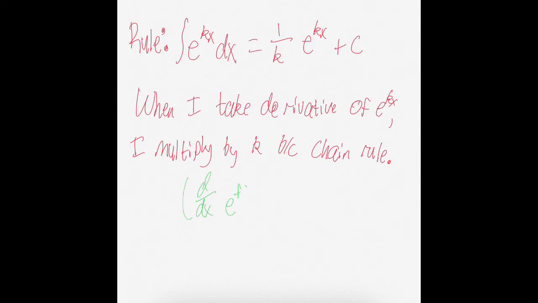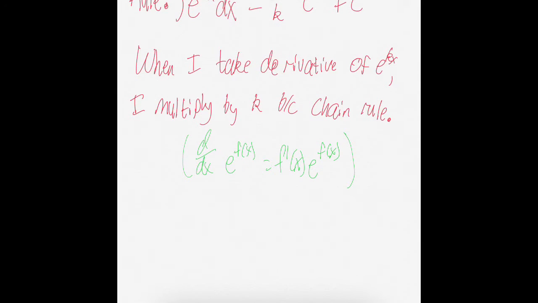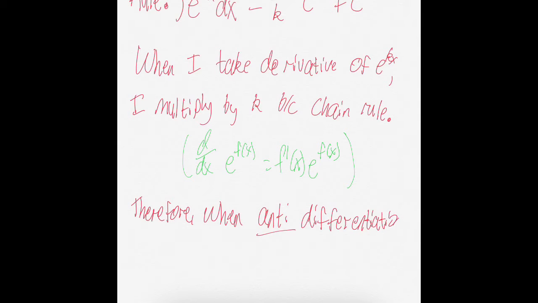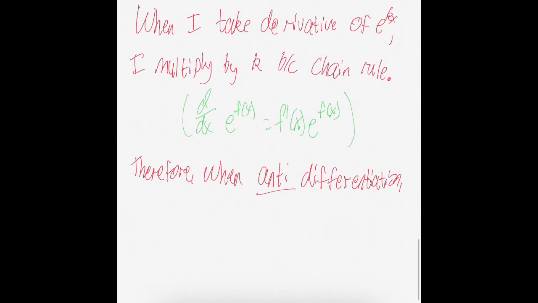We derived a nice formula in one of these videos: the derivative of e to the f of x is f prime of x times e to the f of x. In other words, you just multiply by the derivative of the exponent. And if our exponent is kx, then that derivative is just k. So we multiply by k.